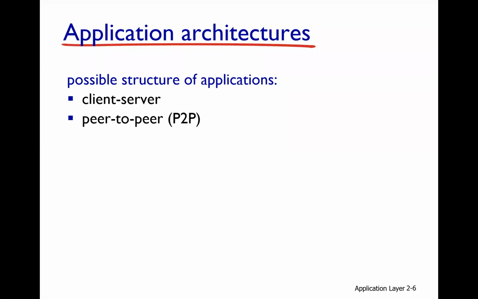Also, in this client-server model, the clients do not communicate directly with each other, but rather go through a server. And to identify the server, each server will generally have a fixed IP address.